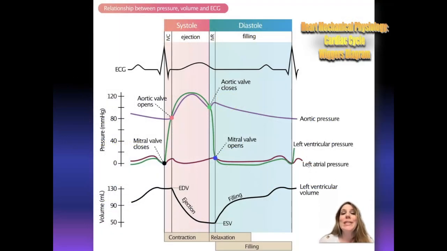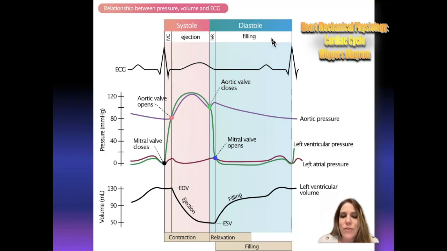Let's start breaking down the Wiggers diagram and figuring out what's going on at each component. This picture right here is an attempt at simplifying that larger Wiggers diagram that you just saw on the previous slide. Let's start with the diastole side, because remember that the first phase of the cardiac cycle was the ventricular filling phase where the ventricles are filling with blood.